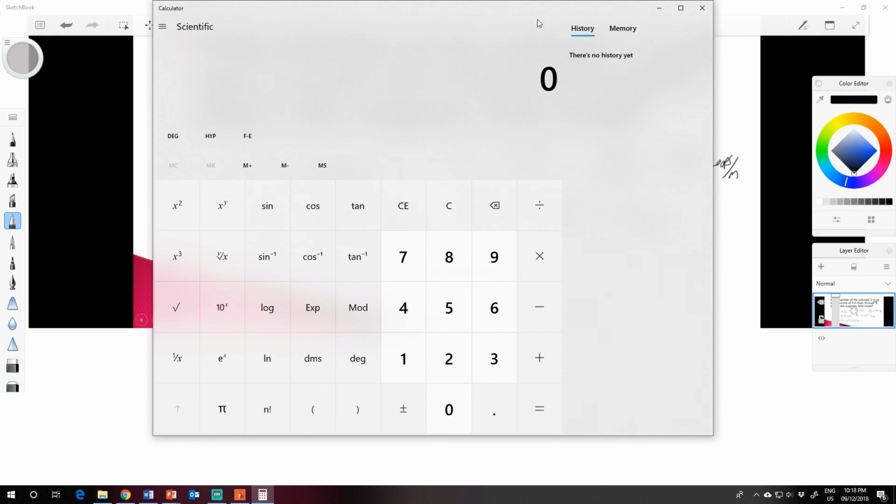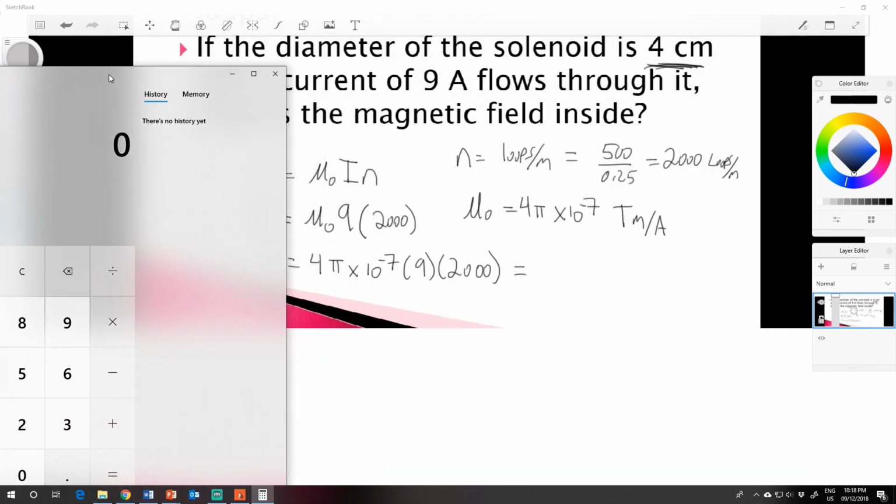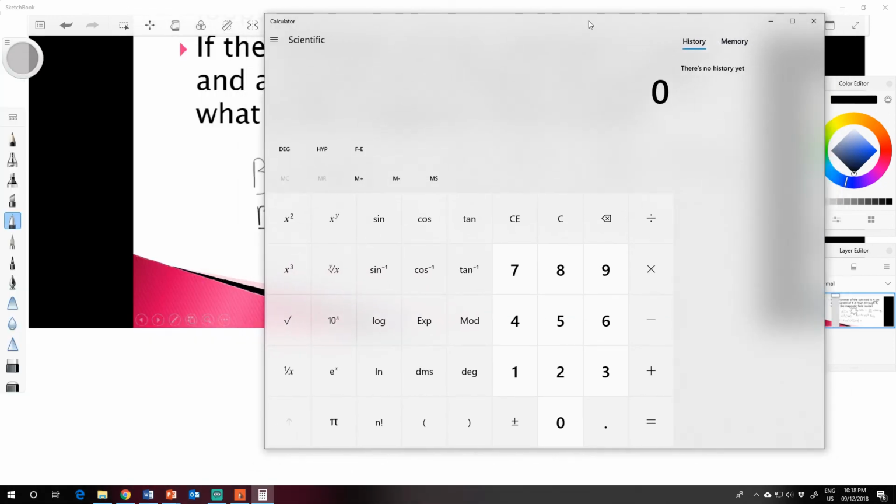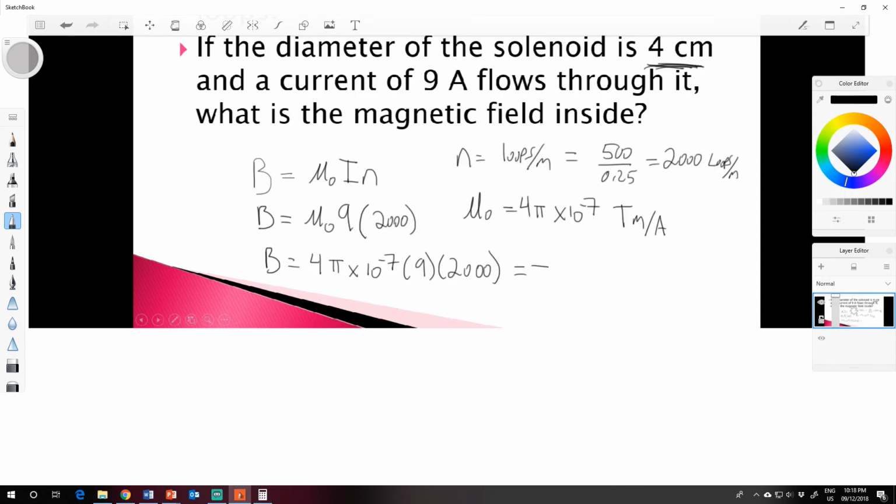So let's multiply 4 times 9 times 2. I'll do my exponents later. So this will be 72 pi times 10, so we got 10 to the negative 4.